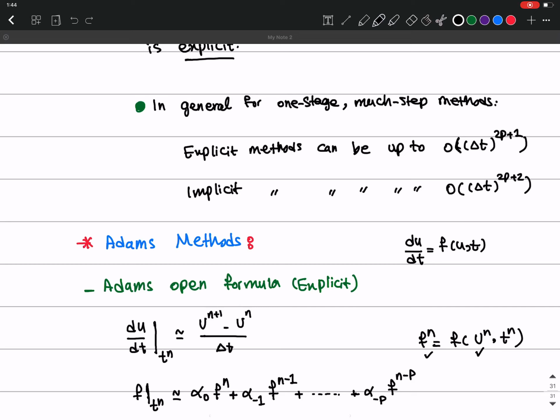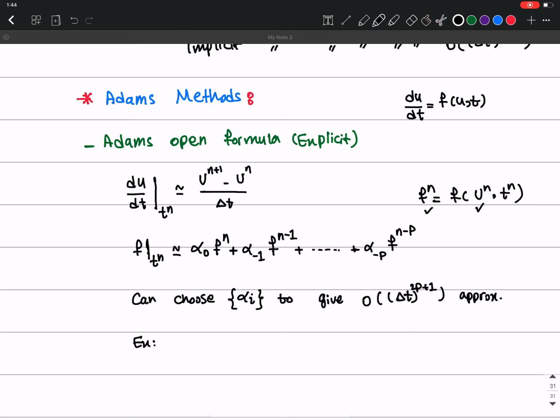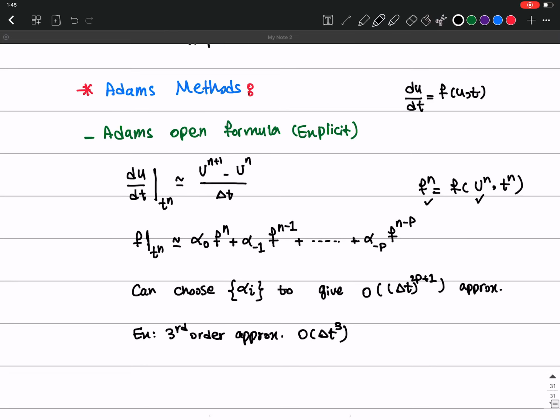For example, a third order approximation, which is going to be order delta t cubed. I think I made something wrong here.